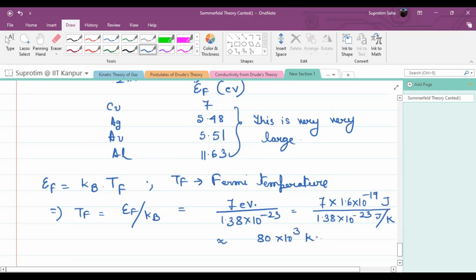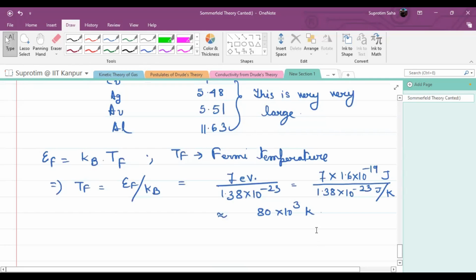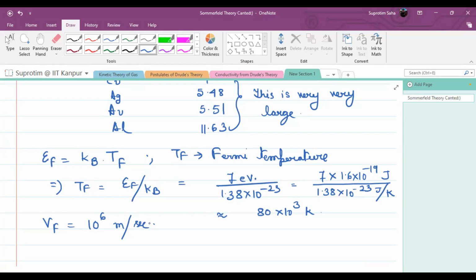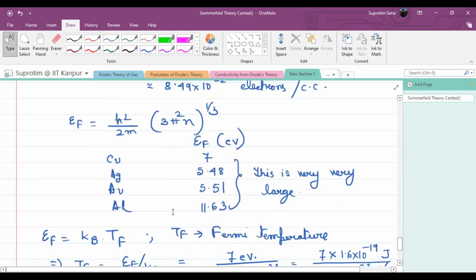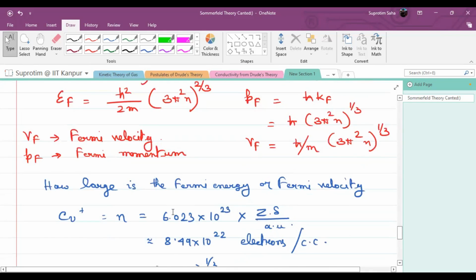So you can imagine how large this Fermi energy is, and its corresponding Fermi temperature is that large. Similarly, you can calculate the Fermi velocity, which comes out to be of the order of 10 raised to 6 meters per second, which is about 1% of the speed of light. So even if you work at room temperature, the Fermi energy will be in orders of electron volts. You can imagine how high this Fermi energy is.